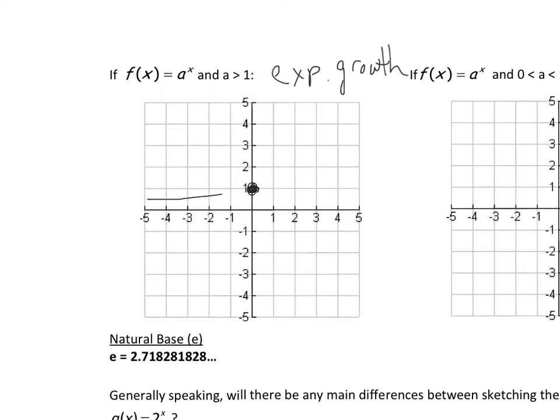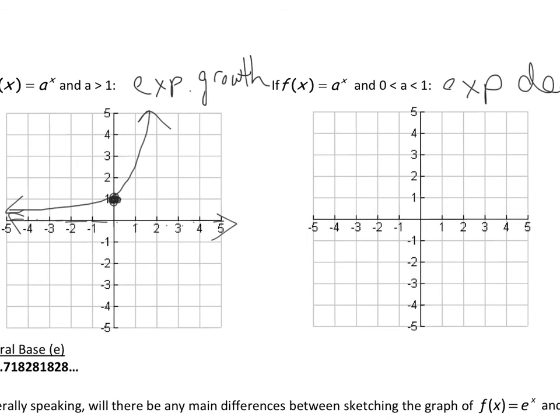Second, the general behavior of exponential growth, which would look like that: essentially flat, increasing, and then exponentially increasing, or a very fast increase as we move up. In terms of that rate of change, that's something you talk about in calculus. But that's the second part. And then the third part is a horizontal asymptote. Those are the three key features of sketching a graph.